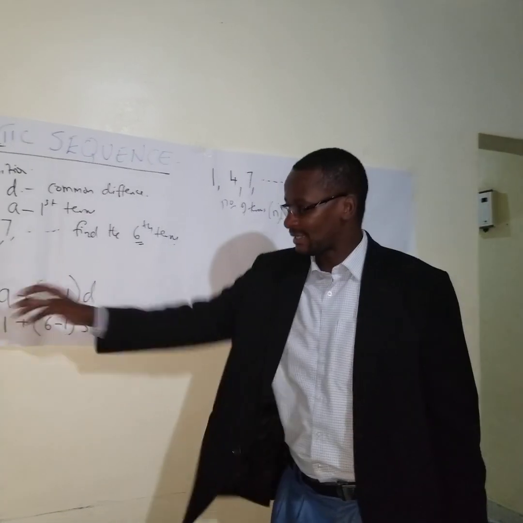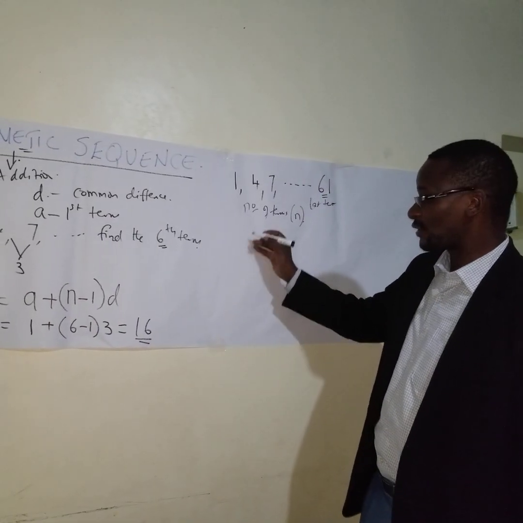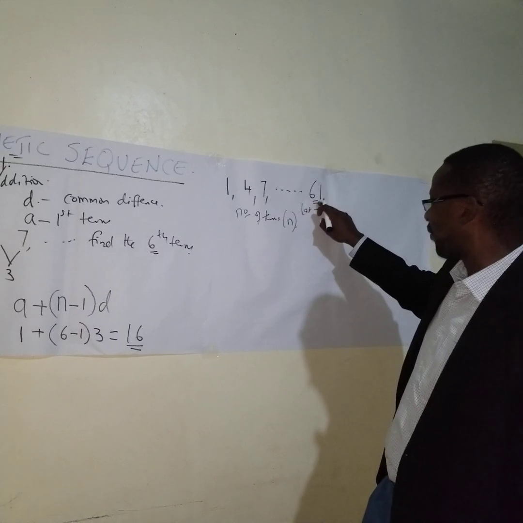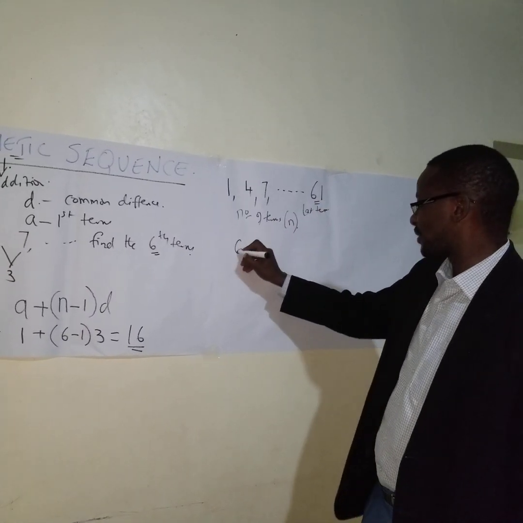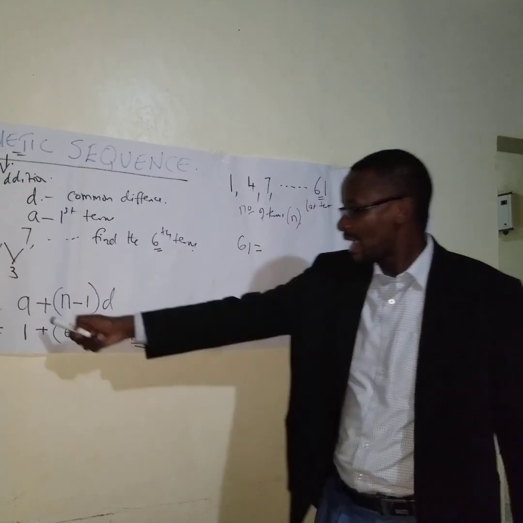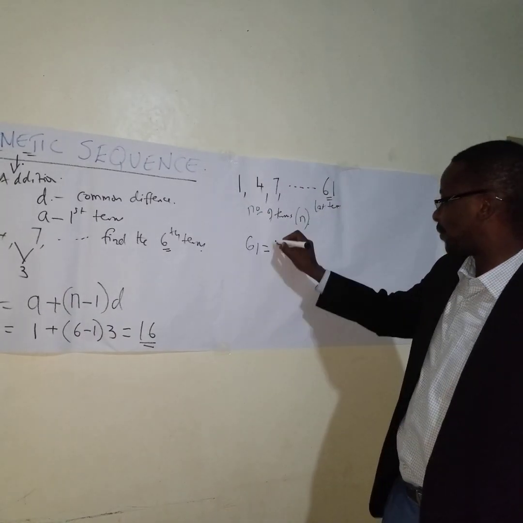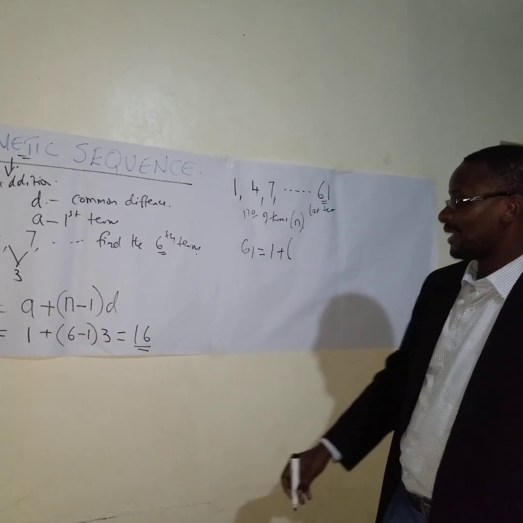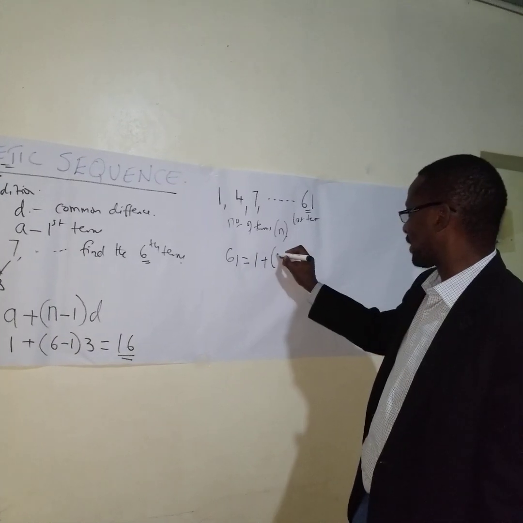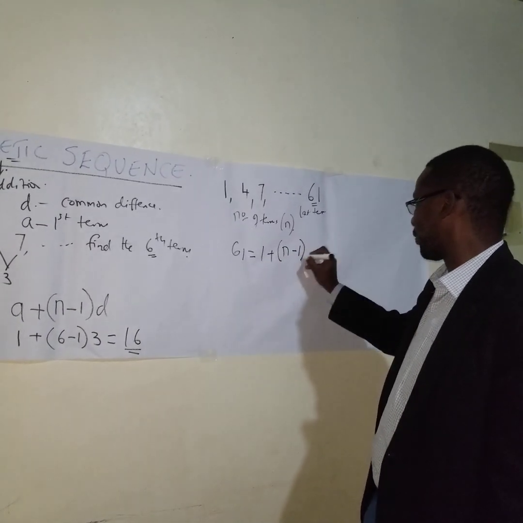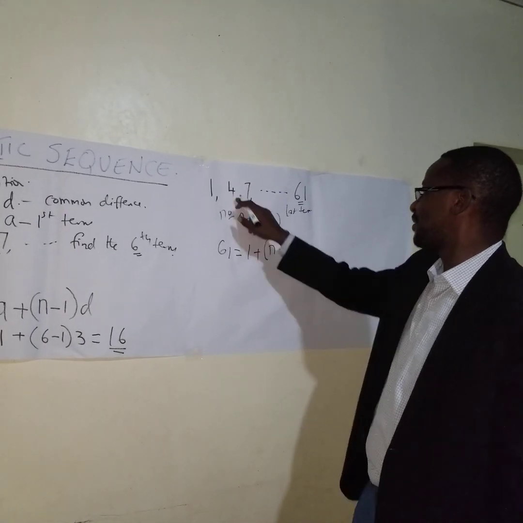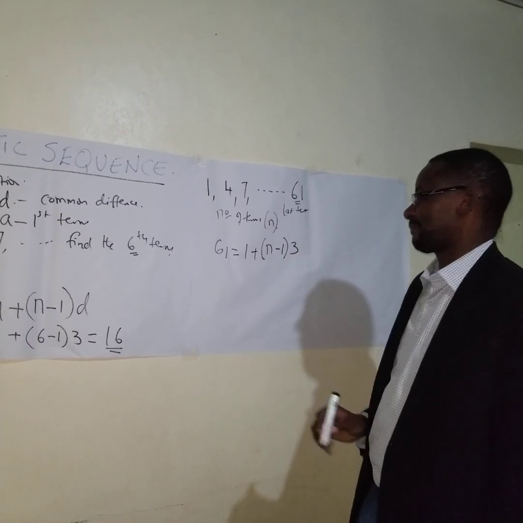You still apply the same formula. So we don't know the number of terms, but we know the last term is 61. So 61 is equal to A, which is 1, plus n minus 1, but we know D is 3.